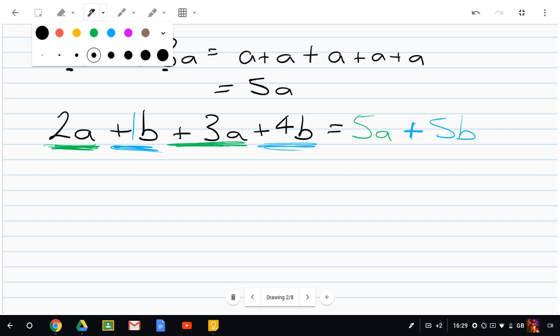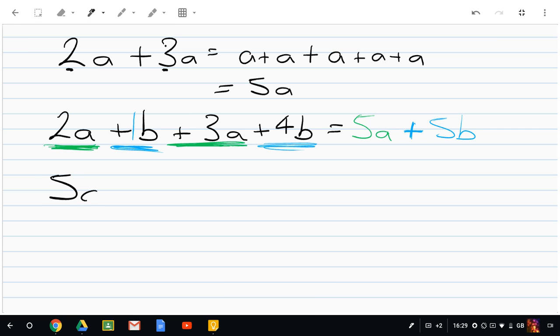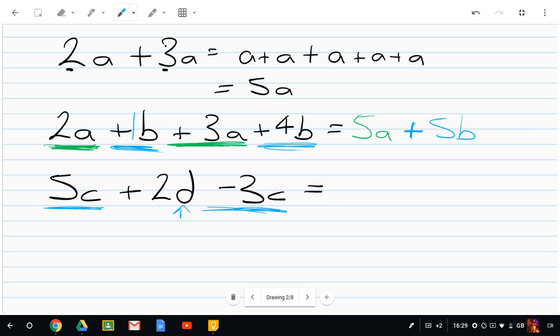Another example, when we start to get some negatives in our sums. So if I have 5C plus 2D minus 3C, again, the first thing I do is I find my like terms. There's nothing that matches the D, so it will be on its own.